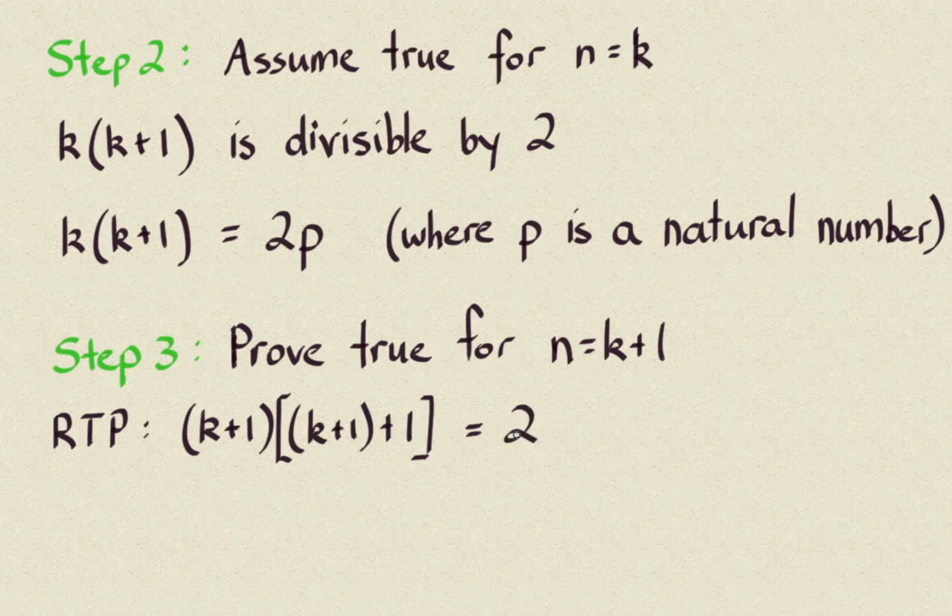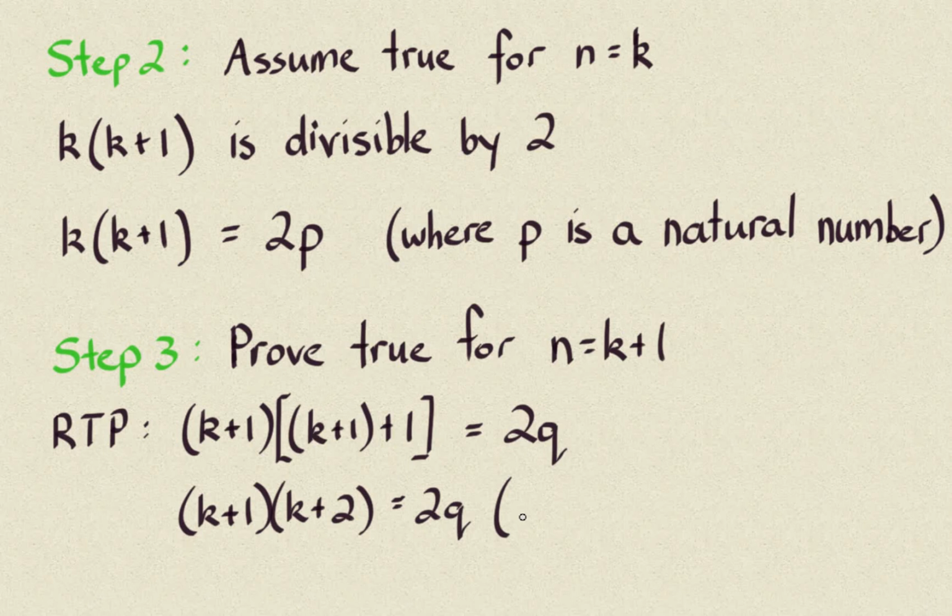So it can be expressed as 2 times some natural number. Now it's not going to be p this time, it's going to be some other natural number. So we'll call it q. And just tidying this bit up here, this is k plus 1 times k plus 2. And once again, good idea to state that q is a natural number.